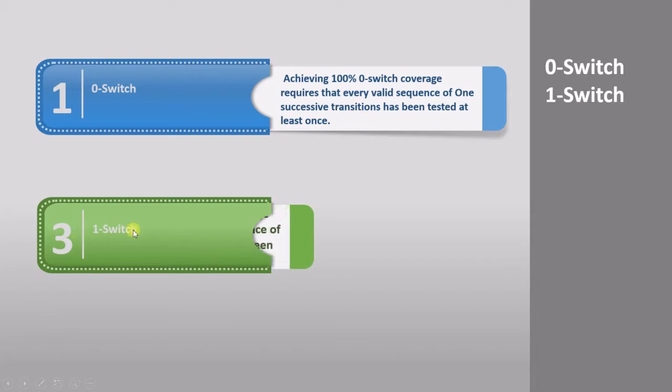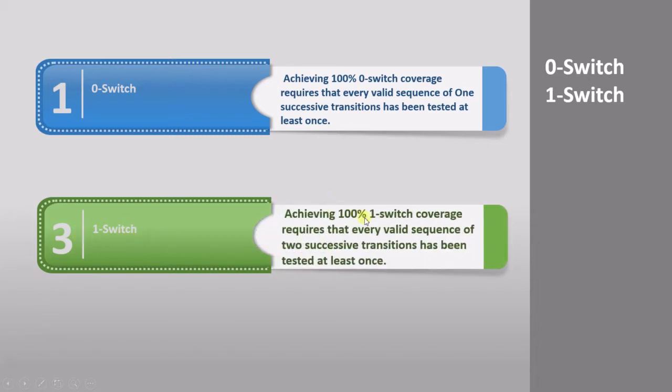Now if we talk about one switch, achieving 100% one switch coverage requires that every valid sequence of two successive transitions has been tested at least once. So here two successive transitions are done, and for zero switch one successive transition is done. What you have to keep in mind is, for zero switch one successive transition, for one switch two successive transitions.